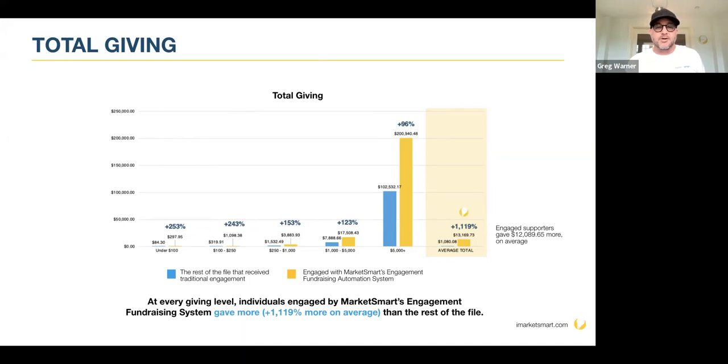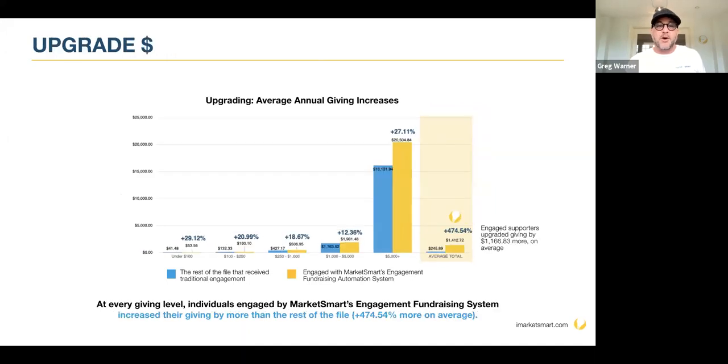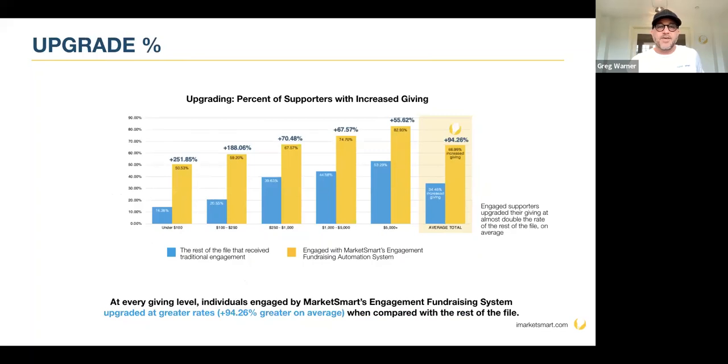It's almost double. So this is powerful when it comes to annual giving. Another way to look at it, in terms of percentage increases, on average was almost a 500% increase.